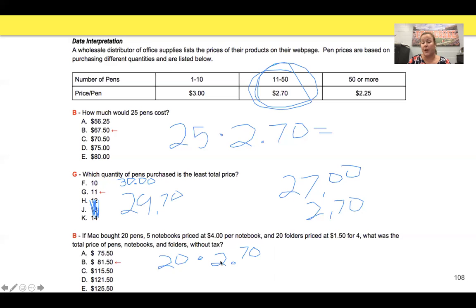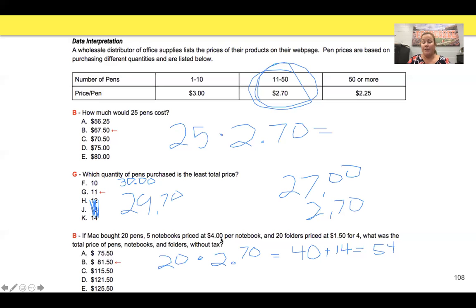I do 2 times 20, which is going to give me $40. And then 20 times 70, which is going to end up giving me, what is that? $14. So that ends up giving me $54 for my pens.